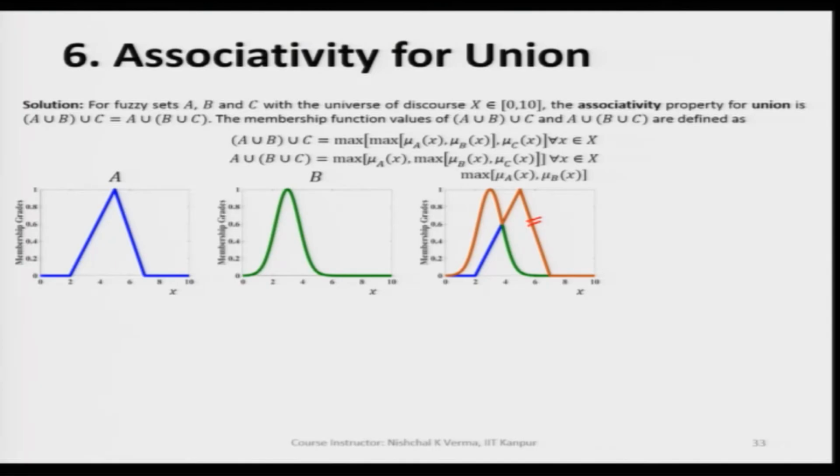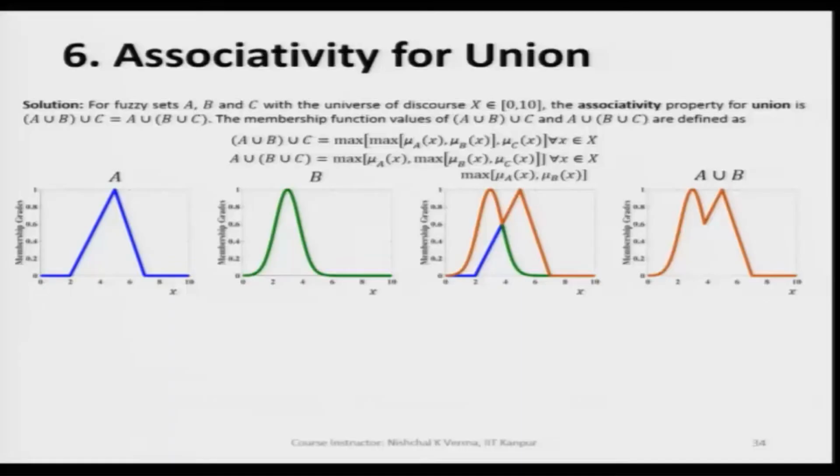This means we are going to get the max of all the respective membership values corresponding to the generic variable values of both the fuzzy sets. So, this way we get A union B like this.